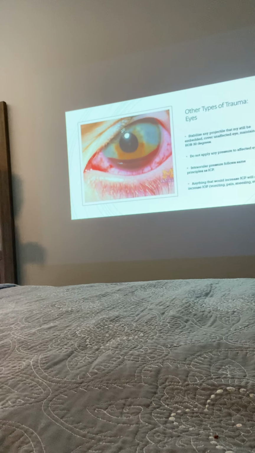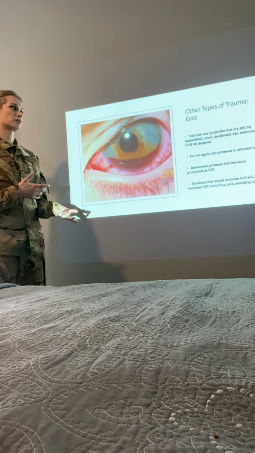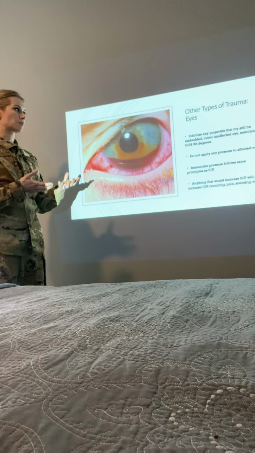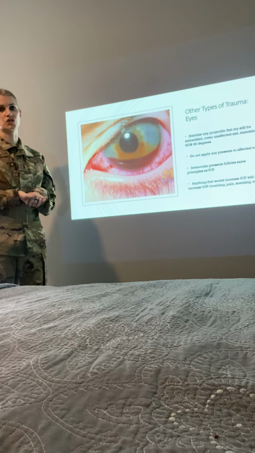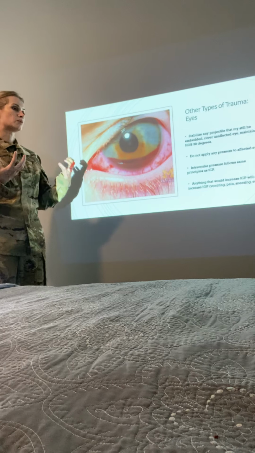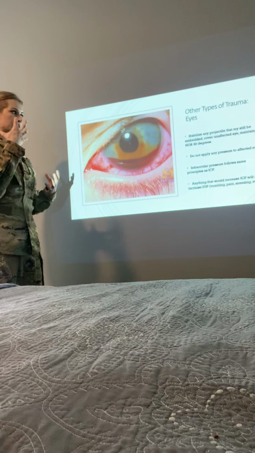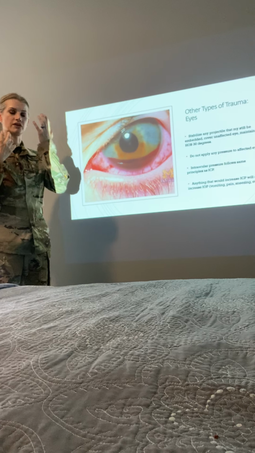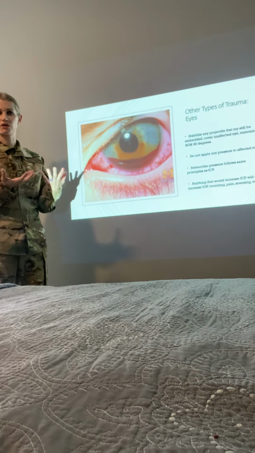Very similar to head injuries, you manage eye injuries in much the same way. Your intraocular pressure tends to follow the same parameters as your intracerebral pressures. If you have a projectile type injury, the first thing you want to do is stabilize that injury, and then you also want to cover the unaffected eye. It doesn't always make sense, like why would you cover the good eye?